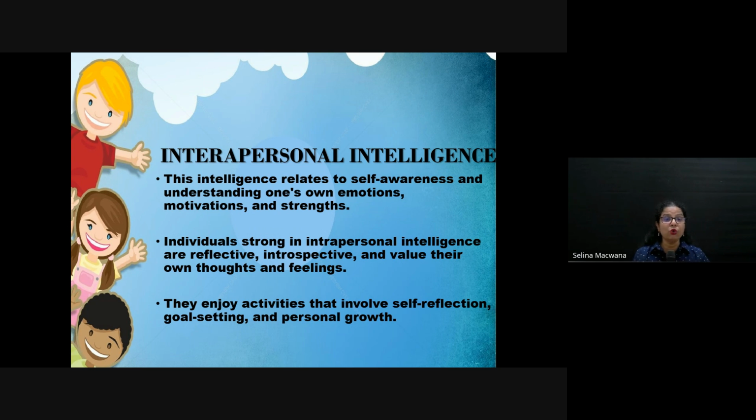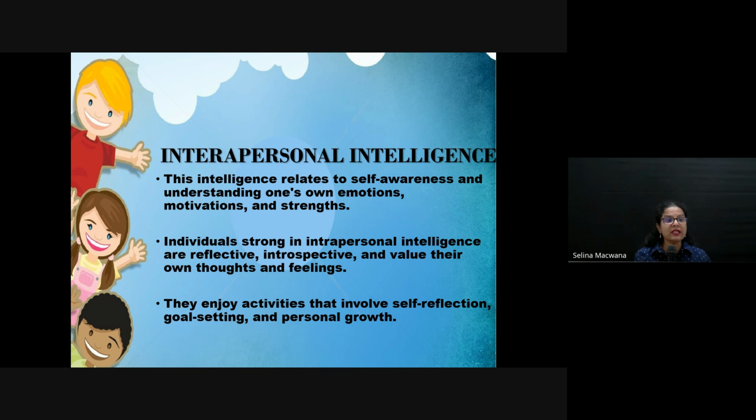Allow them to express their own selves through music, writing, or different creative expressions. They're very good at goal setting, so you can help them in their spiritual growth, character development, academic achievements. All of these will respond very well. So engage them in self-assessment activities.